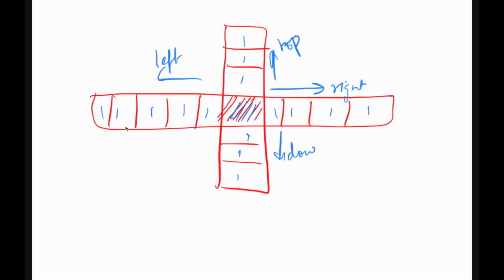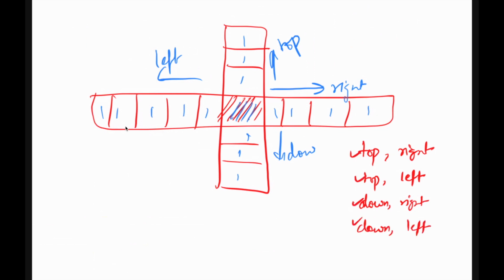We can get an L shape if we consider top and right, top and left, down and right, or down and left. So these are the 4 different possibilities for a particular shared cell, and in each possibility we can get many L shapes.